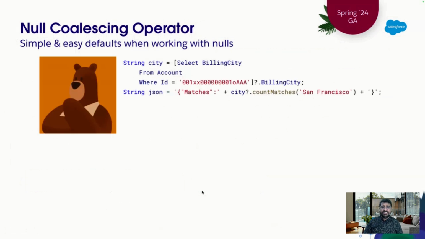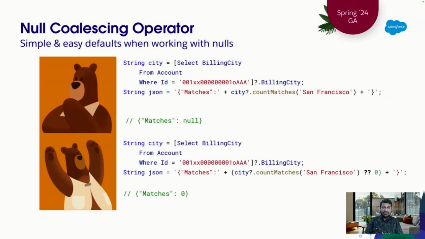Here I have an example wherein I'm getting a building city for an account. I'm using a SOQL query here, and you can notice that I'm using a safe navigation operator. When I use the safe navigation operator, assume the city is null. In which case, what should be the value of matches? The value of matches will be null. Now, when we use the null coalescing operator, this is how the code looks.